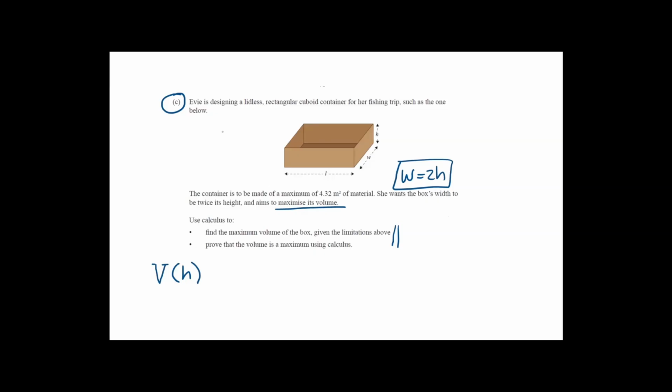Okay, so we want to maximize that, and we want to have it constrained by the fact that the area is equal to 4.32. So the underside of the box is L times W. I'm going to put these in alphabetical order. Plus W times H. Saying that, I just broke my rule.